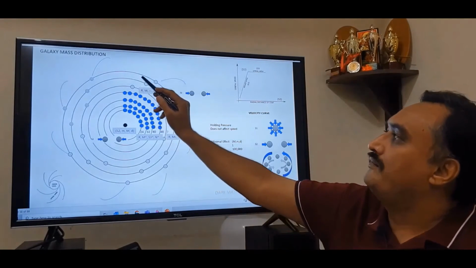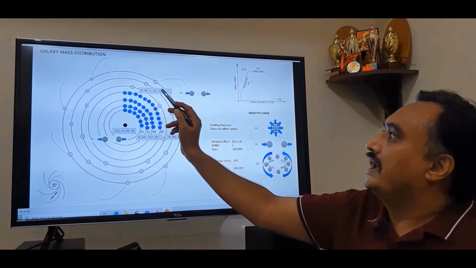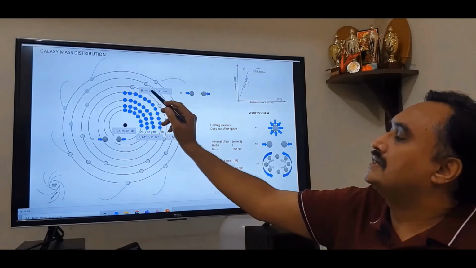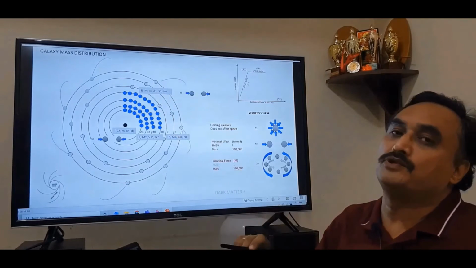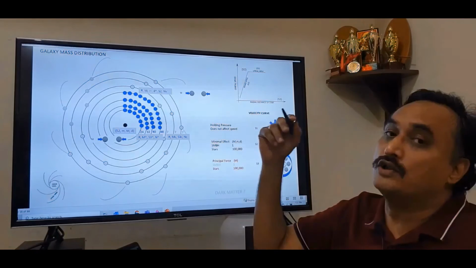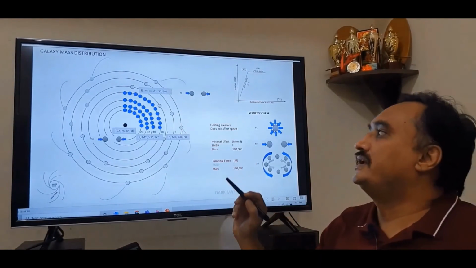So, as you move away from the center of the galaxy, S2, which is directly proportional to the main mass and the smaller mass and inversely proportional to the distance, is also decreasing. Since S2 is decreasing, the speed is also decreasing.